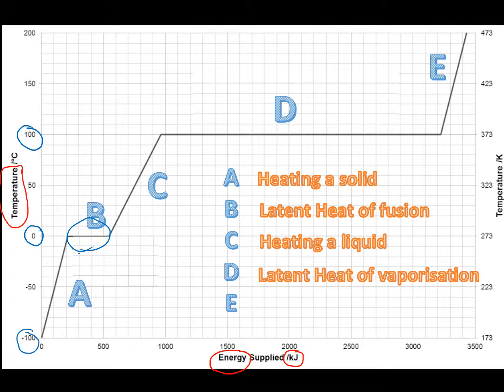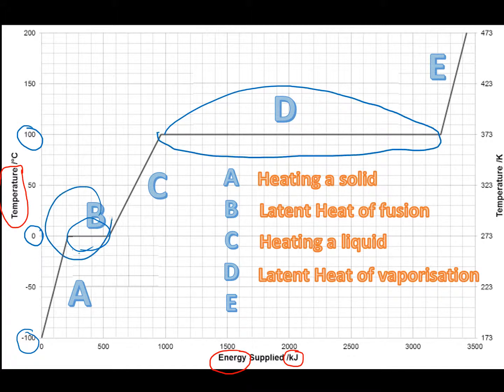Now, a common question is, why is this section here so much bigger than the latent heat of fusion there? And it's because of bonds, potential energy essentially. There's very strong bonds in a liquid. There's still bonds in a solid, but they're slightly weaker, so it doesn't take that much energy.